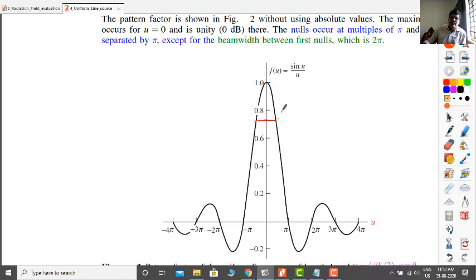So the function value sin u by u at these two points will be at u hp. It will be sin u hp by u hp. This corresponds to the half power points of 1 by root 2.